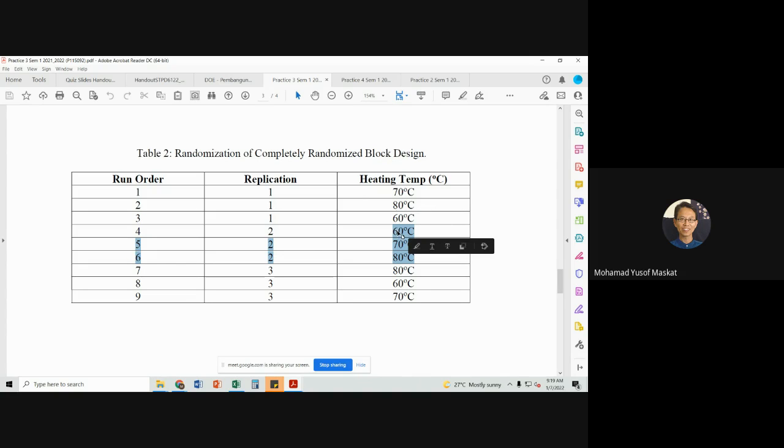The sequence for replication 2 is not similar to the sequence in replication 1.